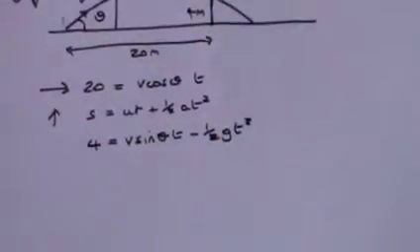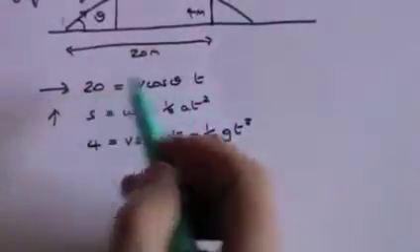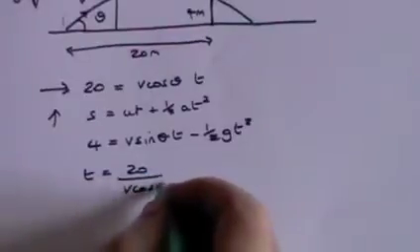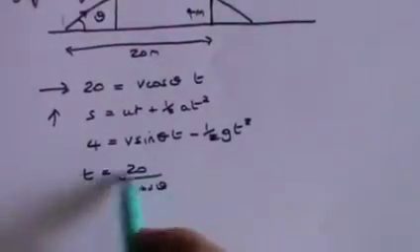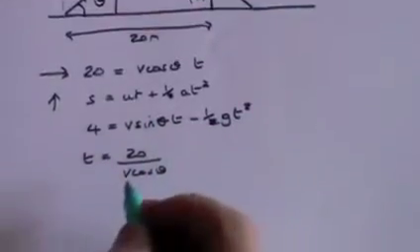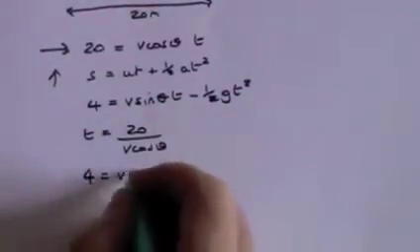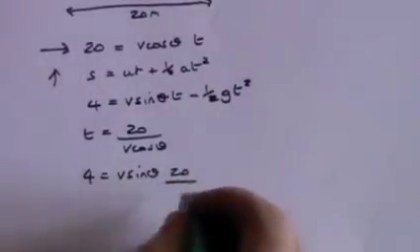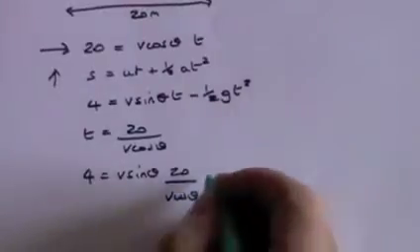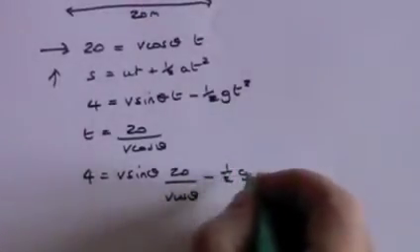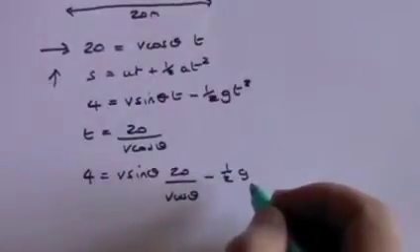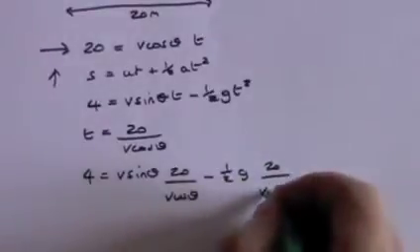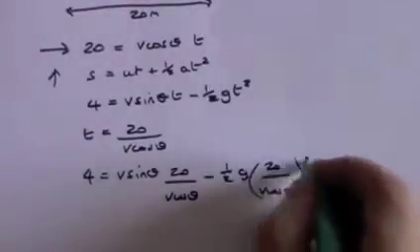And just as we did before, you can solve for t from this formula. T equals 20 divided by v cosine theta. And then you substitute that value of t in this formula here, which means you've got 4 equals v sine theta times t, which is 20 divided by v cosine theta, minus a half g, which is usually given as 10 or 9.81, you'll be given that, times t squared, which is 20 divided by v cosine theta all squared.